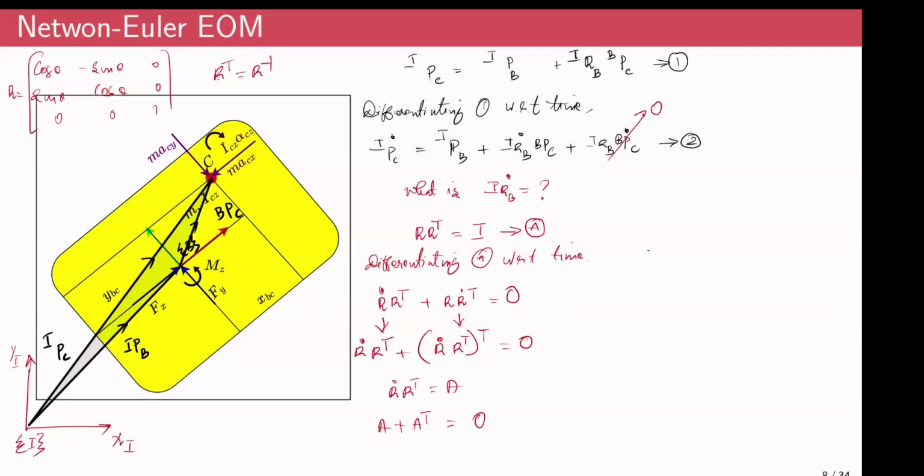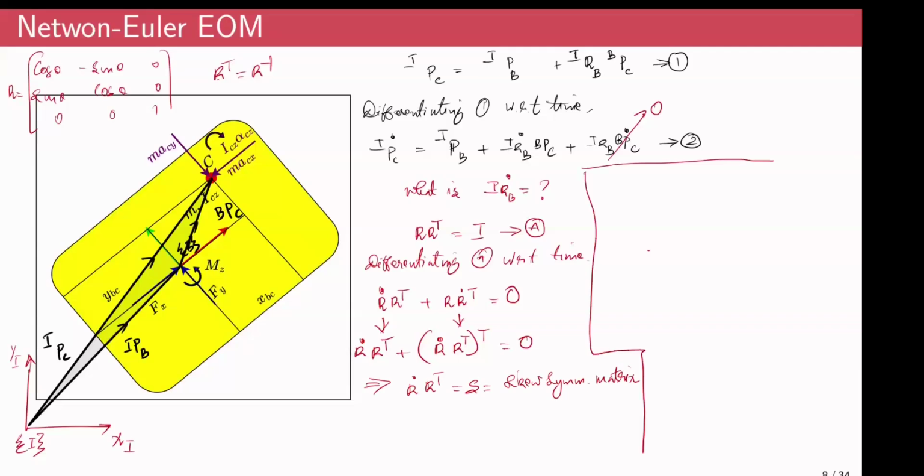So R dot R transpose is a skew-symmetric matrix. This implies R dot R transpose is S, which is nothing but a skew-symmetric matrix. Write it like this.